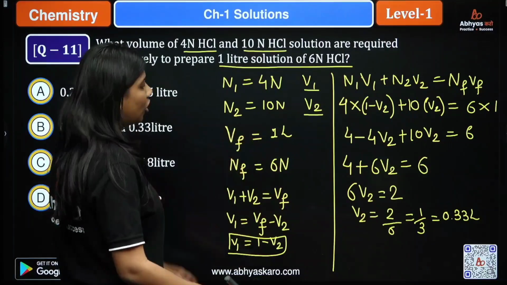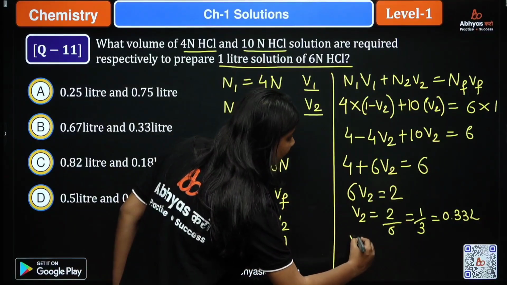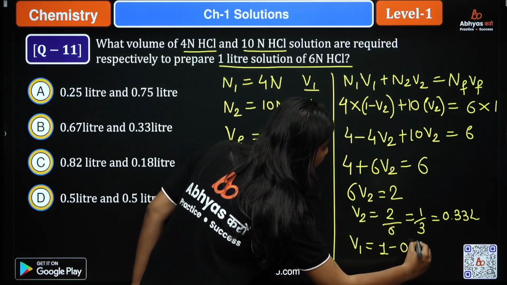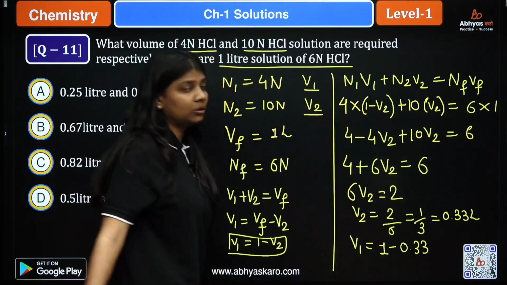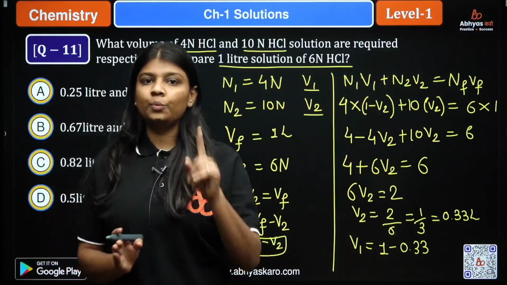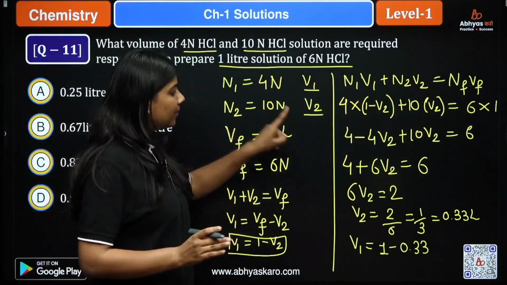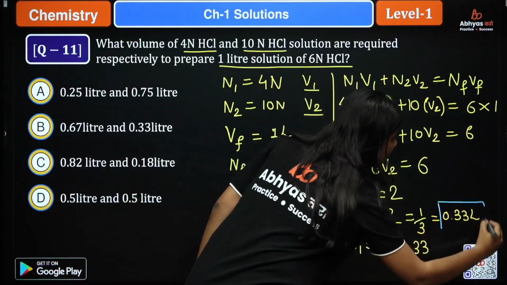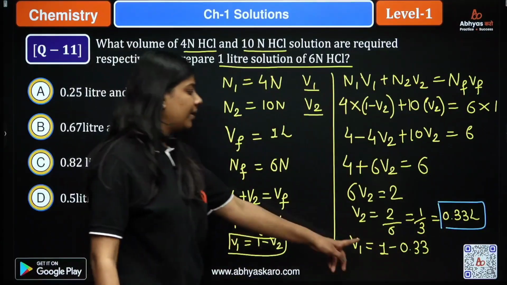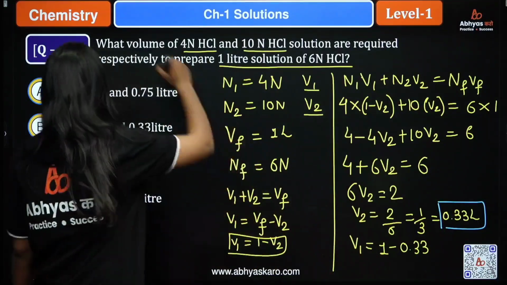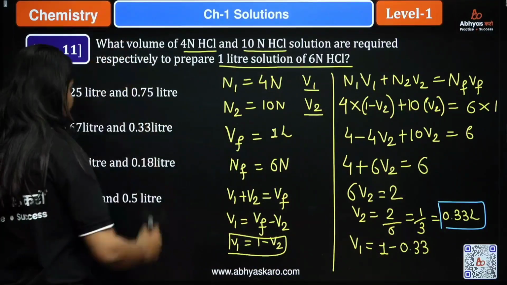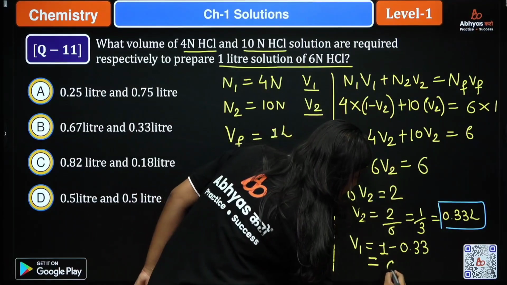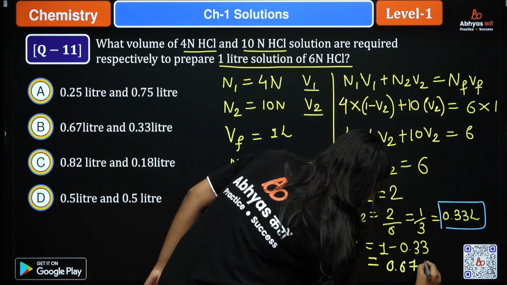Now what will be the volume of V1? We can easily find V1 is equal to 1 minus 0.33, as we know that the final volume should be 1 liter. 10 normal HCl required is 0.33 liter. Then if I subtract 1 minus 0.33, the value comes out to be 0.67 liter.